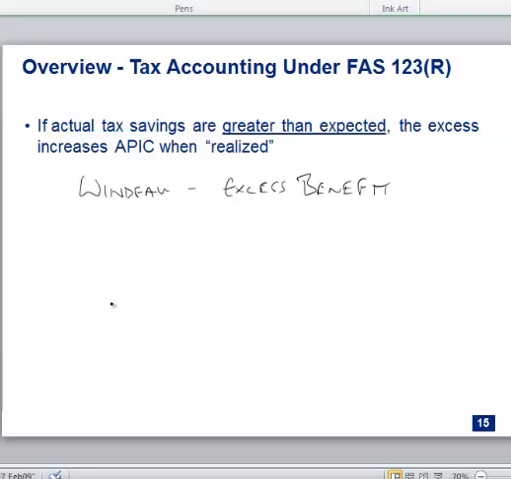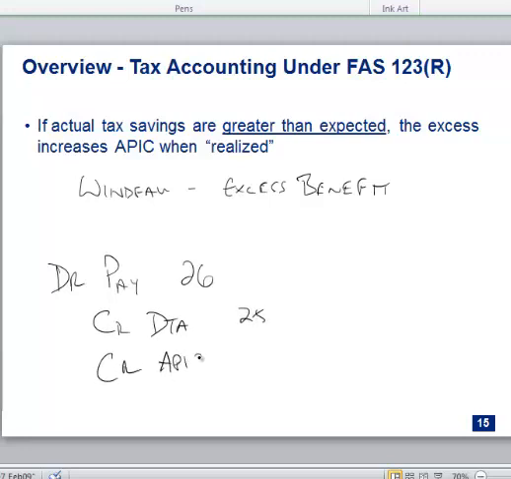Okay, if they're greater, we're going to debit our payable. I'm going to keep using that example so you're familiar with the numbers. We're going to debit our payable 26. We're going to reverse the DTA that we booked in anticipation of a deduction.